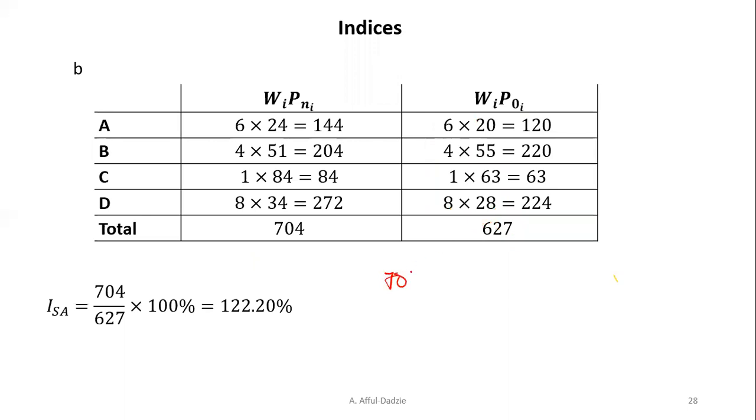So you just do your 704 over 627 multiplied by 100, and it gives you this index number, 122.20. And so this index truly reflects the variations that exist in the commodities.